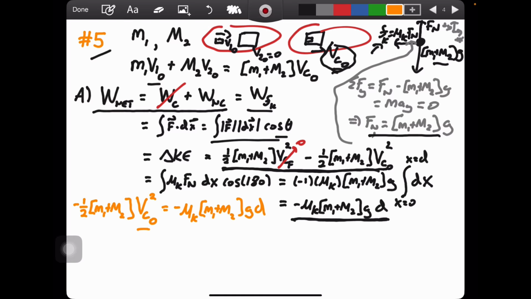This term right here, the velocity combined initial, that's this term right here.